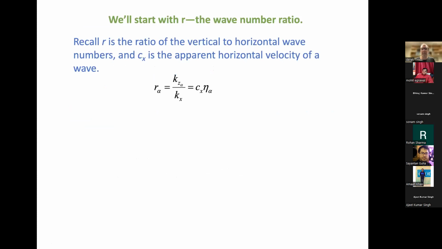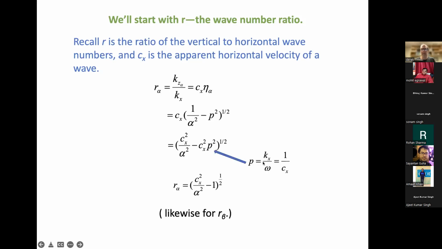We will also use R again, which is the ratio of K sub Z to K sub X. And that equals C sub X times the square root of 1 over alpha squared minus P squared. We can stick the C sub X inside the square root to get this.